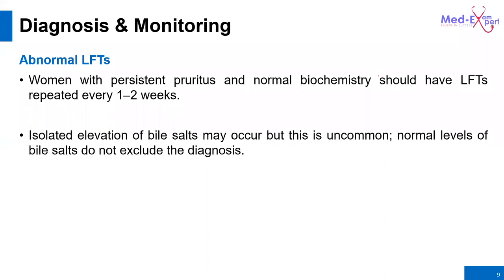In some cases, women may present with only pruritus and with normal liver function tests. And in these cases, we have to repeat the liver function tests every 1 to 2 weeks until we confirm the diagnosis of obstetric cholestasis.